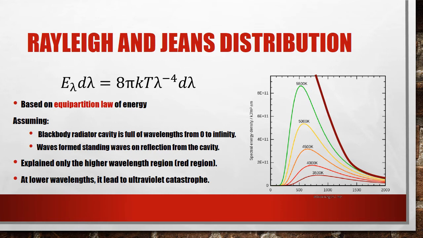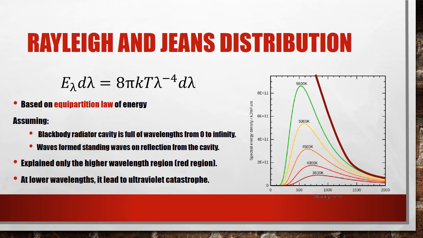The Rayleigh-Jeans distribution was based on the equipartition law of energy, that is, all the degrees of freedom will have the same energy.